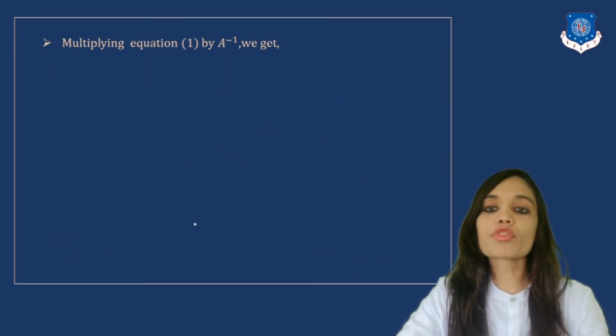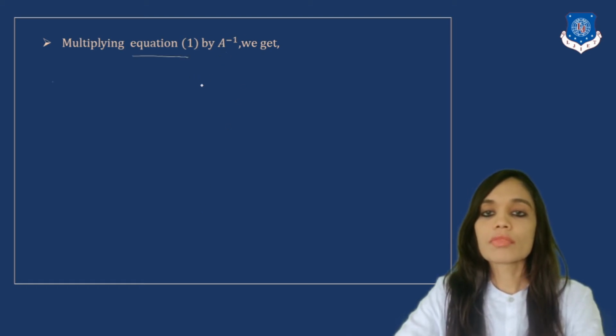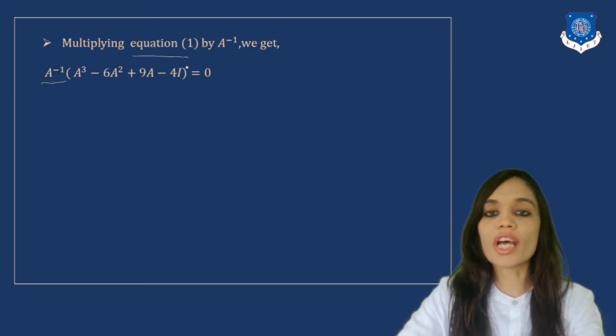Okay. Now we have to find the value of A inverse. So on multiplying, you will get A inverse times. Write your equation 1, that is A cube minus 6A square plus 9A minus 4I equals 0.